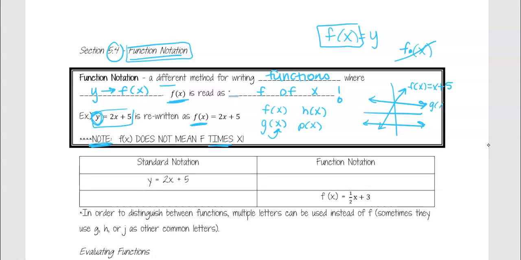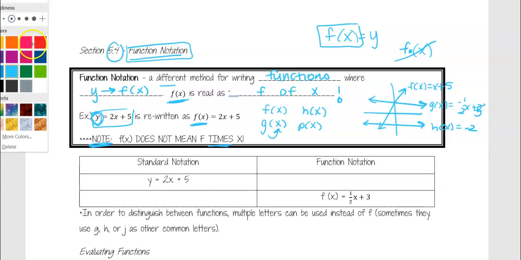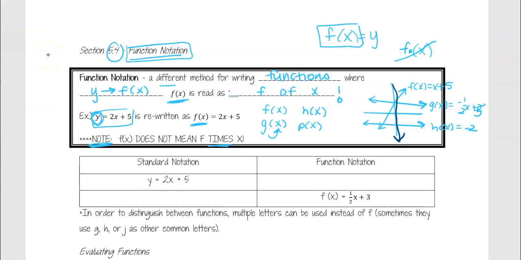This one's g of x equals negative 1/2 x plus 2 or plus 5. And this one's h of x equals negative 2. So now when I say, look at this graph, here on this graph, look at function g of x. You know exactly which line to look at.